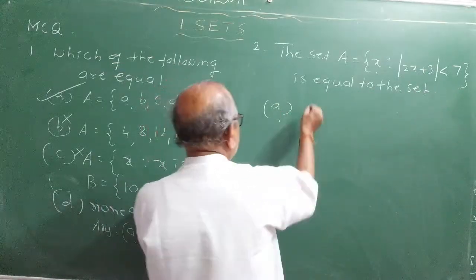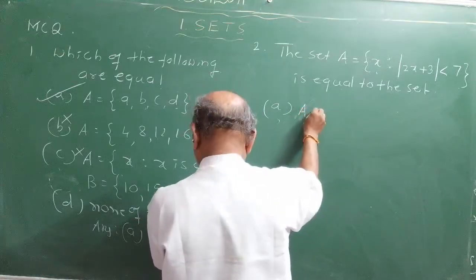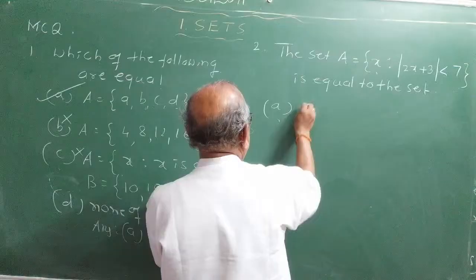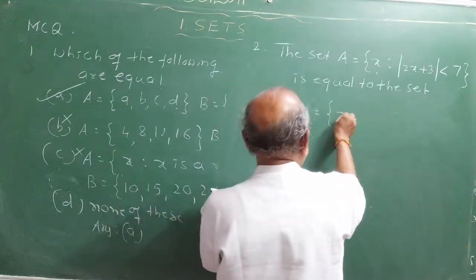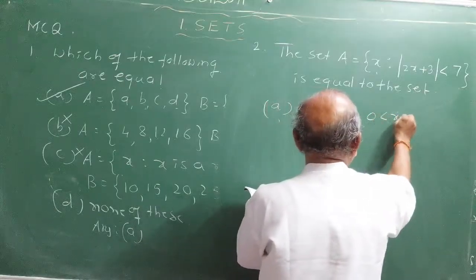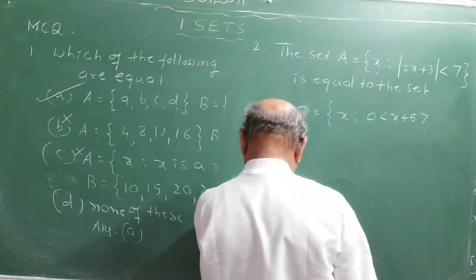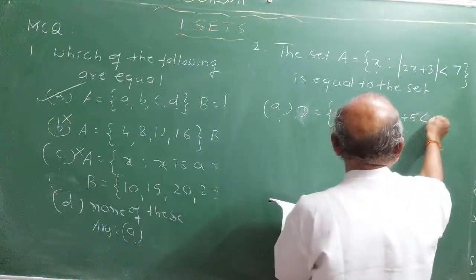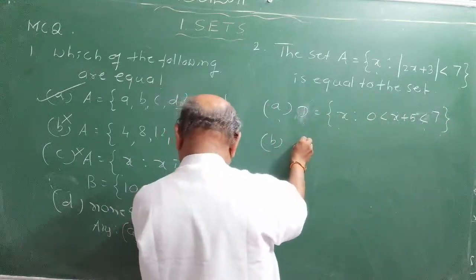Option A: set of all x... Here you are given D, the set of all x such that 0 is less than x plus 5, x plus 5 is less than 7. First option. Think and answer.